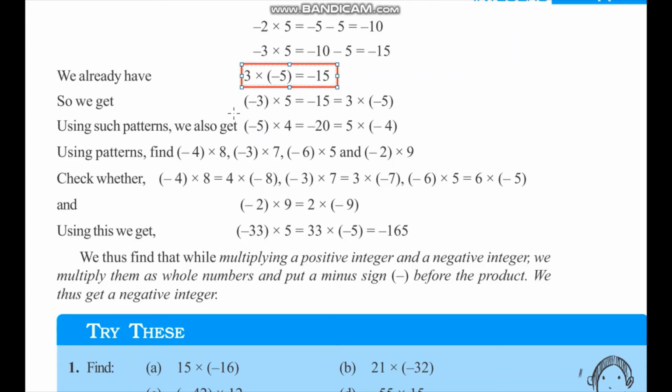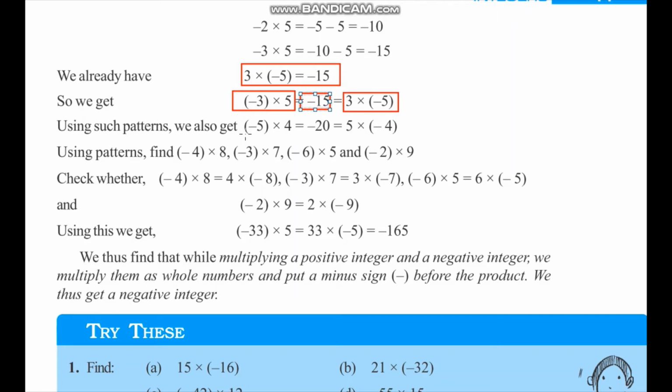Next, we can also say that this sign can be next to the first number or it can be next to the second number. That is, we found out that minus 3 times 5 and 3 times minus 5 always give us minus 15.